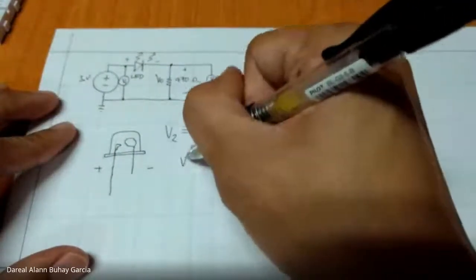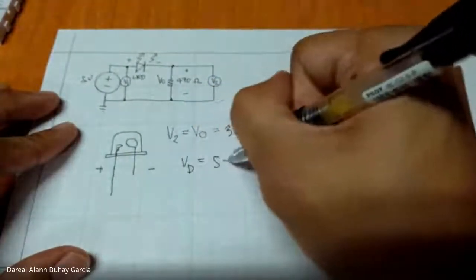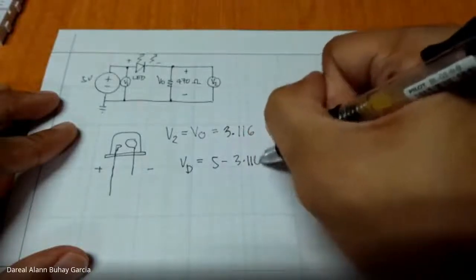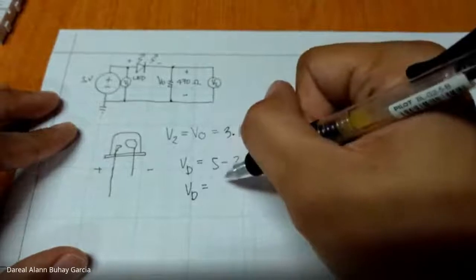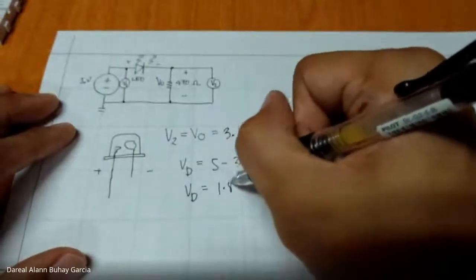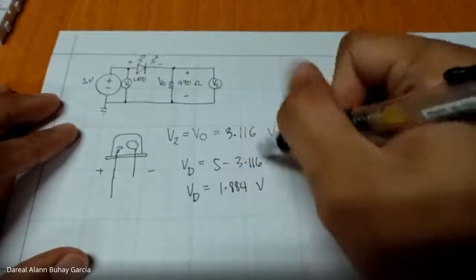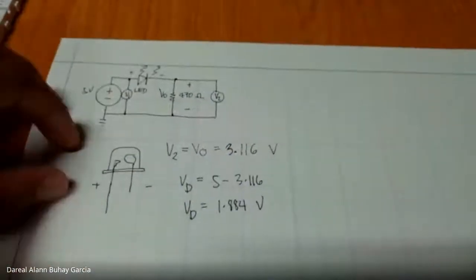So VD is equal to 5 minus 3.116. Therefore, the diode voltage of our LED is 1.884 volts. Okay?